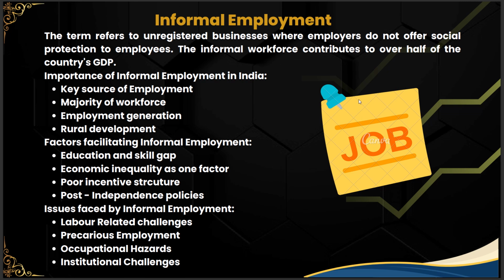Next one is precarious employment. Agricultural laborers and street vendors face seasonal unemployment and low wages due to a lack of regulation and bargaining power, because of which there is income inequality and increased poverty.